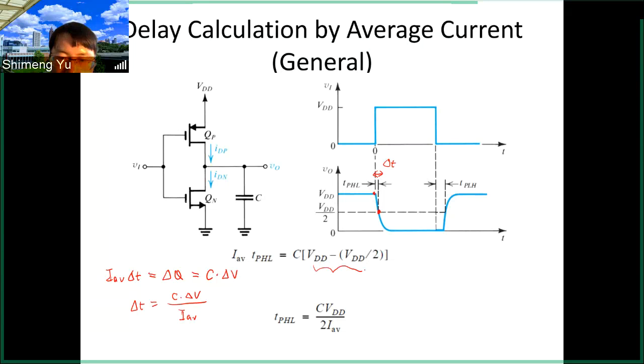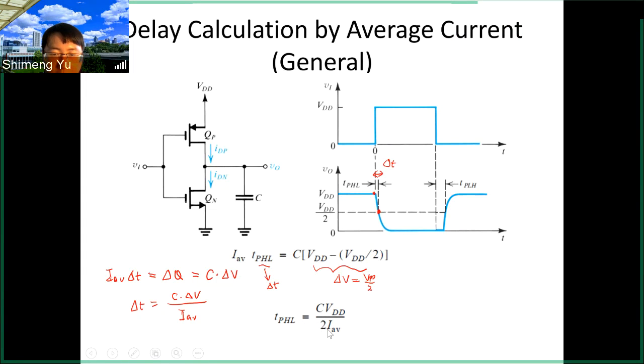So the delta V is half VDD, and the delay is the delta t here. So you can get the TPHL by moving I average to the other side. That is C VDD divided by 2 I average.